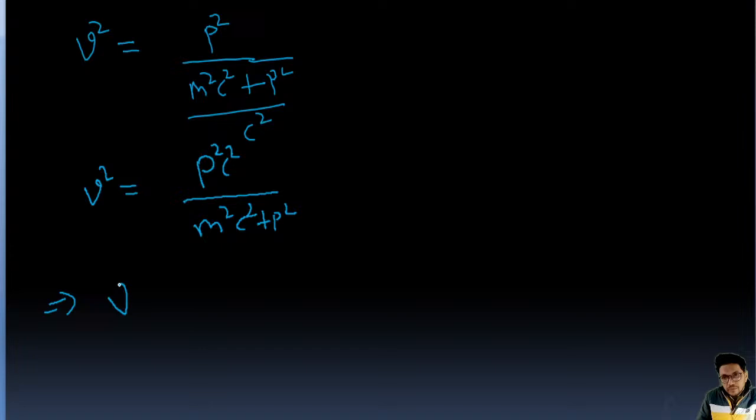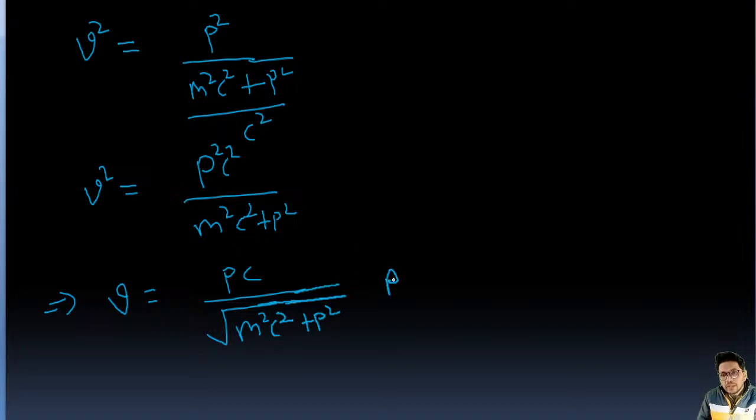That implies the value of v is going to be pc upon root of m square c square plus p square. So the value of v is this one, which is the answer.